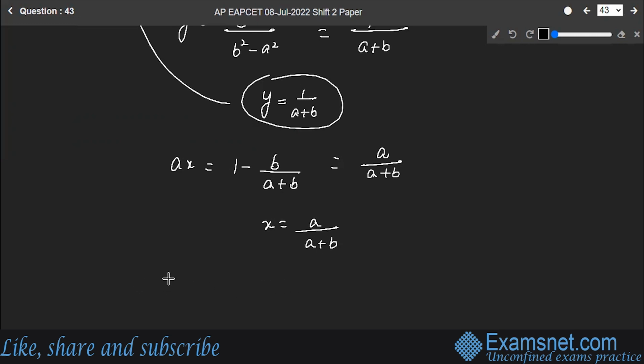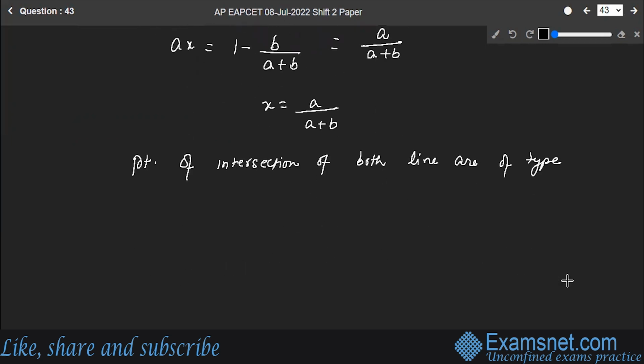So their point of intersection of both lines is of type 1 upon A plus B comma.